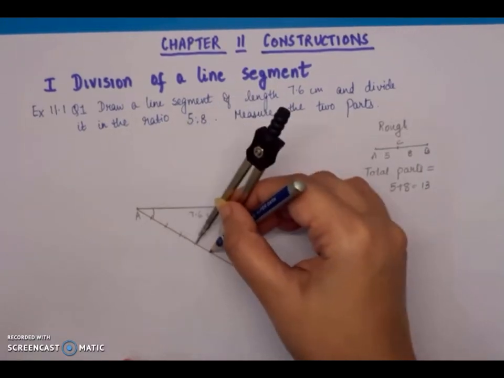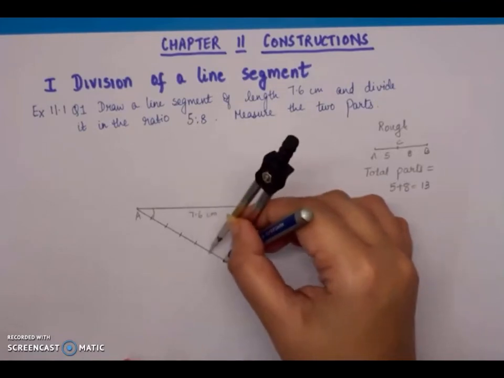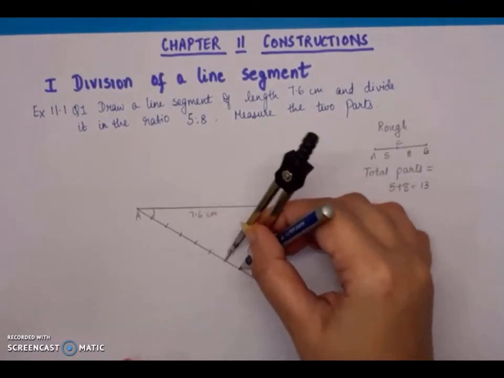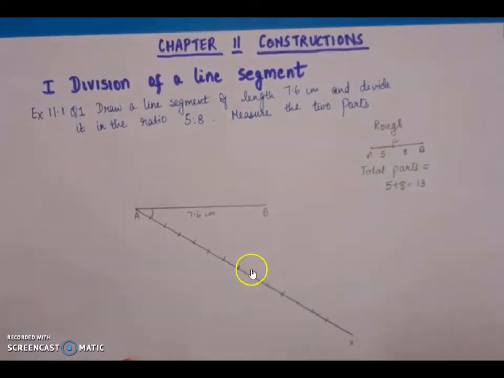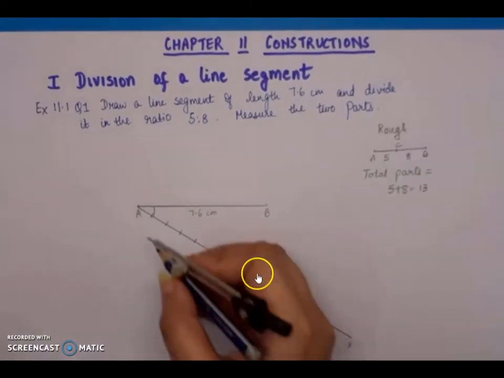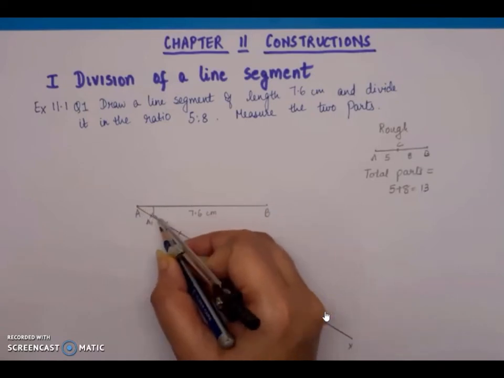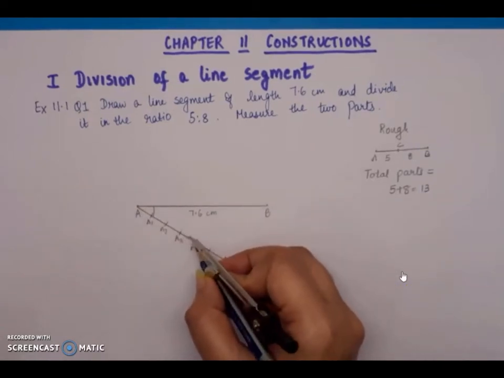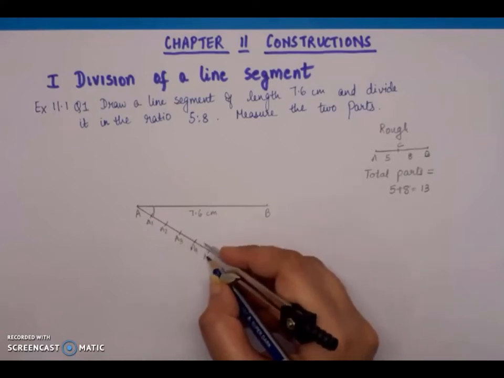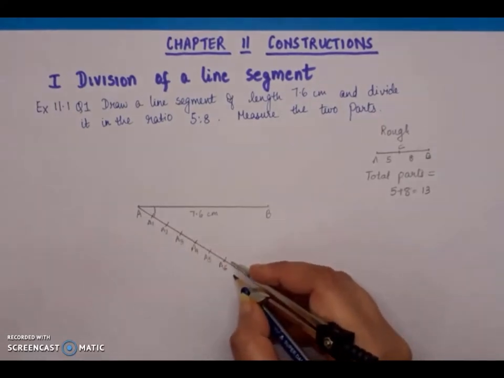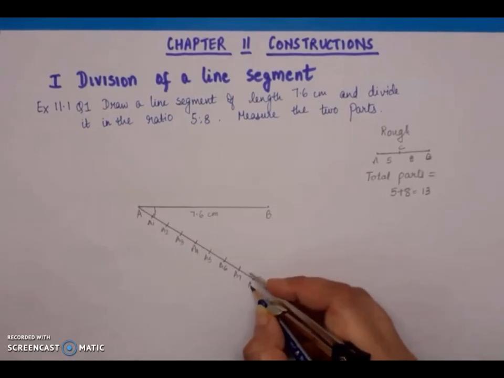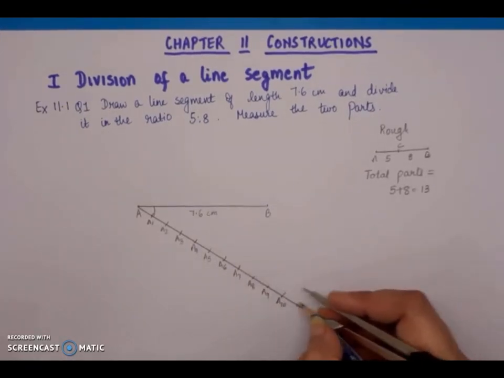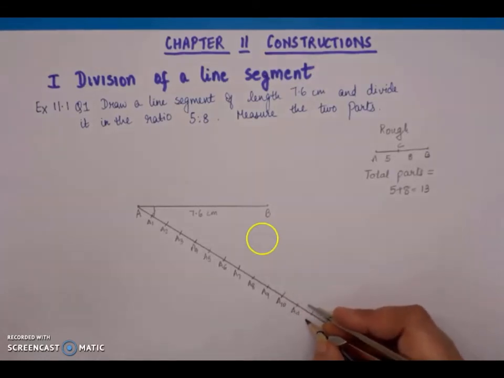So I am dividing AX into 13 equal parts by cutting these equal arcs. So 13 arcs have been made on AX. You can name these points as A1, A2, A3, A4, A5, A6, A7, so on till A13. There will be 13 such arcs.